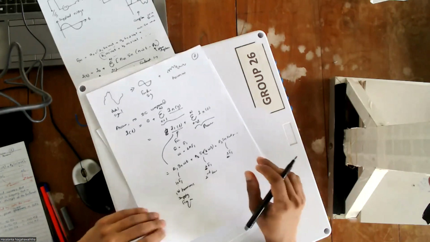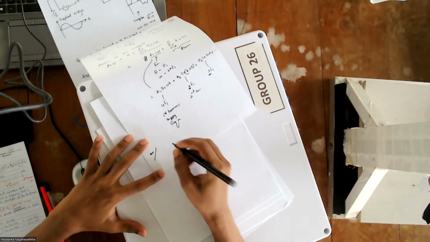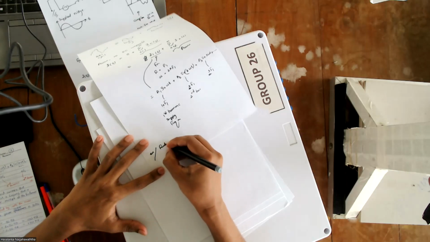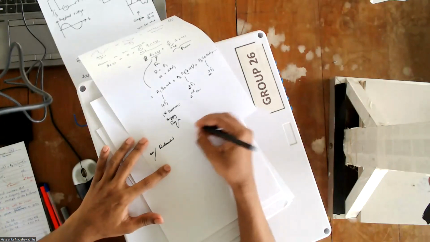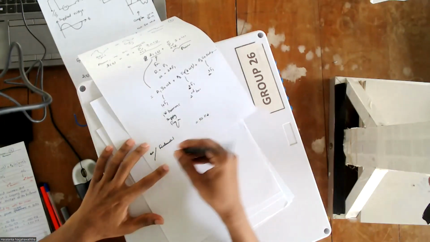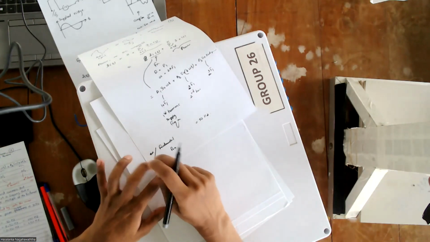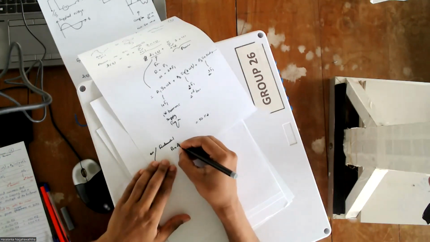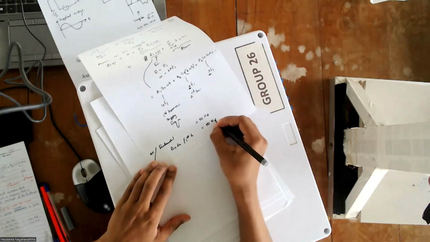I have one example. The fundamental frequency of the Sri Lanka power system is 50 Hertz. Actually this is not an example, it's a clarification. The fundamental signal or first harmonic is 50 Hertz.